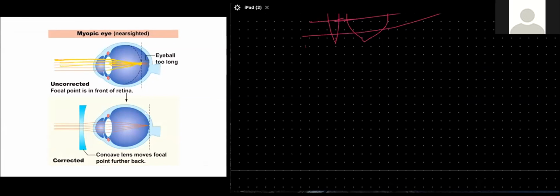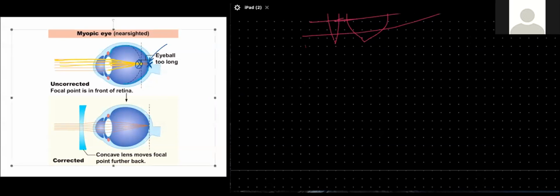This is a normal eye, but this person has a longer eyeball than normal. So the retina is located behind its normal position. This is the retina on here. It should be on here. This is the new position of the retina. So the light will not be focused on the retina, so it's going to be disturbed. So I can't see well.